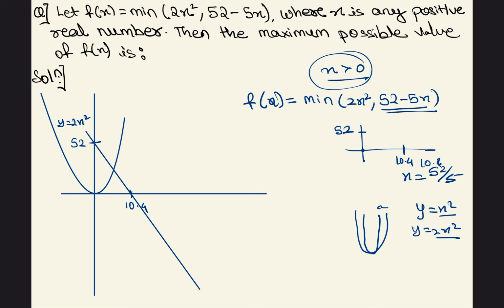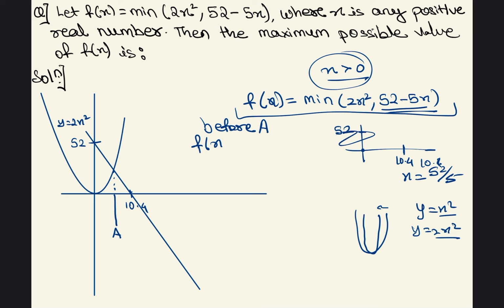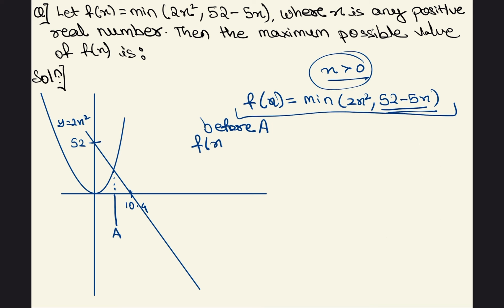If you look at the function definition, it is the minimum value of these two functions. Let's say this is point A. Before A, the value of f of x will be the minimum of these two, and before A we can see that 52 minus 5x is greater than 2x square, hence f of x will be 2x square.